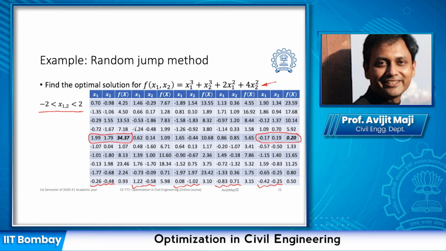Even though we are saying this is the minimum and the maximum, the better way to say it is that these are the best solutions obtained, because we do not exactly know whether any better solution can be obtained in the neighborhood of this location or somewhere else. So this uncertainty does remain in the case of random search methods.